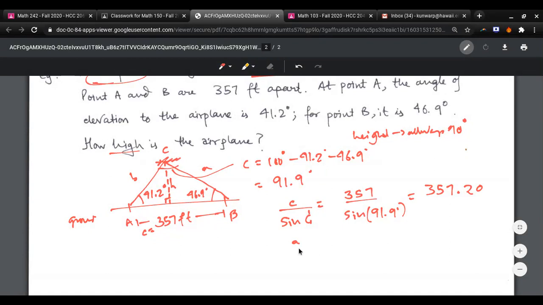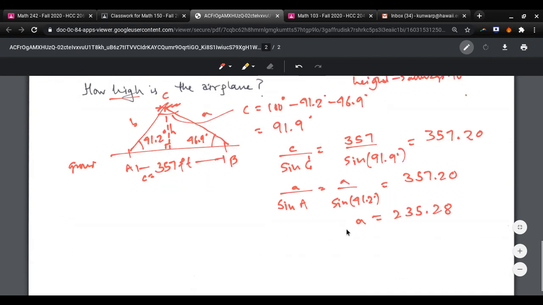Then you have small a over sine of A, which is sine of 41.2, equals this ratio, 357.20. So small a is now 357.20 times sine of 41.2, which comes out to 235.28.